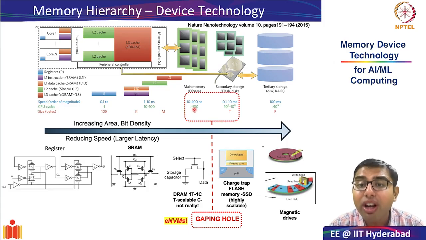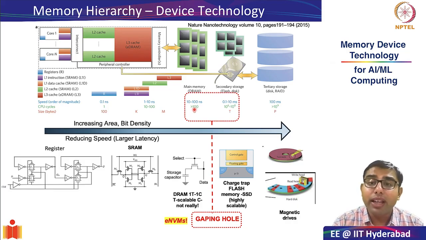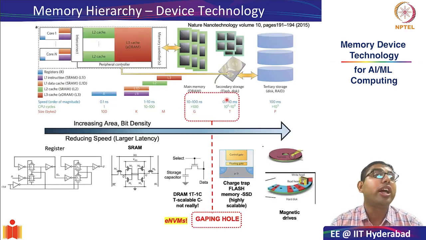Between 100 clock cycles of time that it requires to recover data from main memory, that becomes almost 10 to the power of 6, 4 orders of magnitude difference when you want to access data from the primary storage. This huge gaping hole, the promise is that electronic non-volatile memories will address.